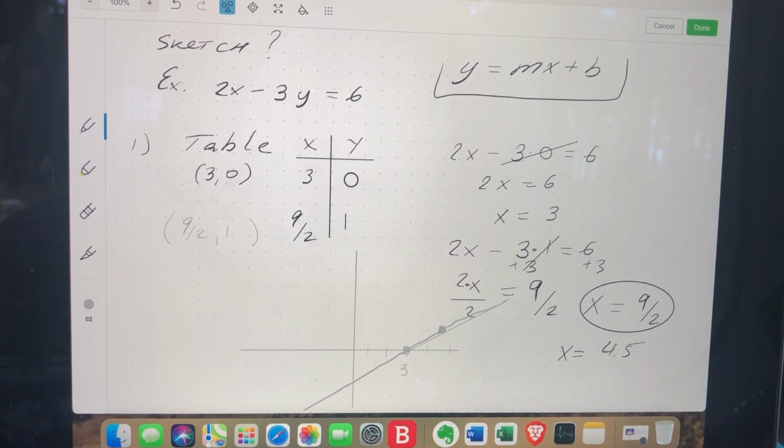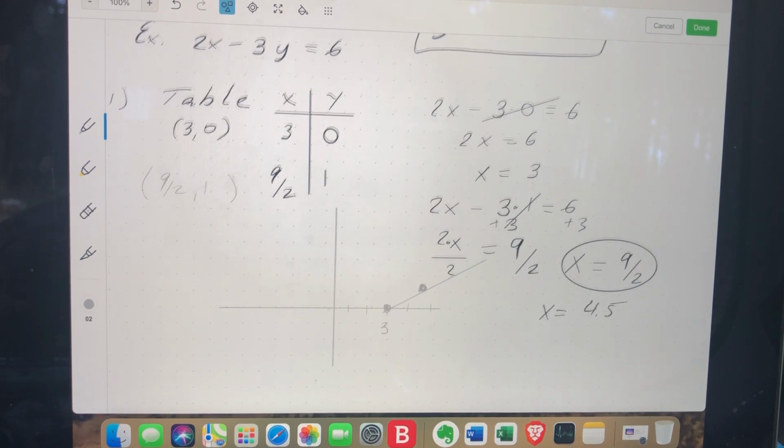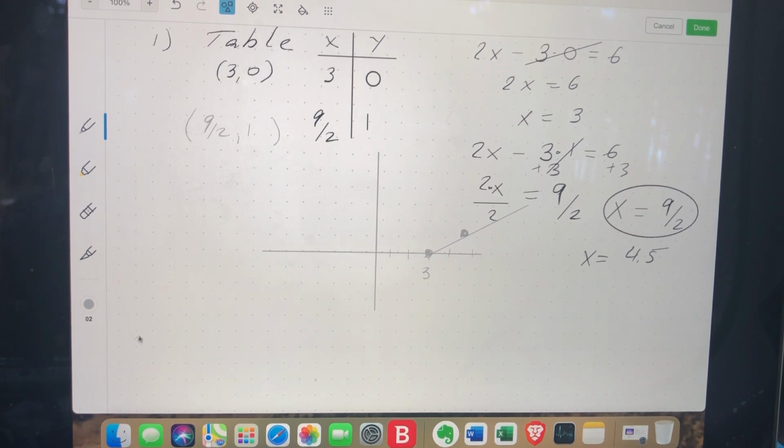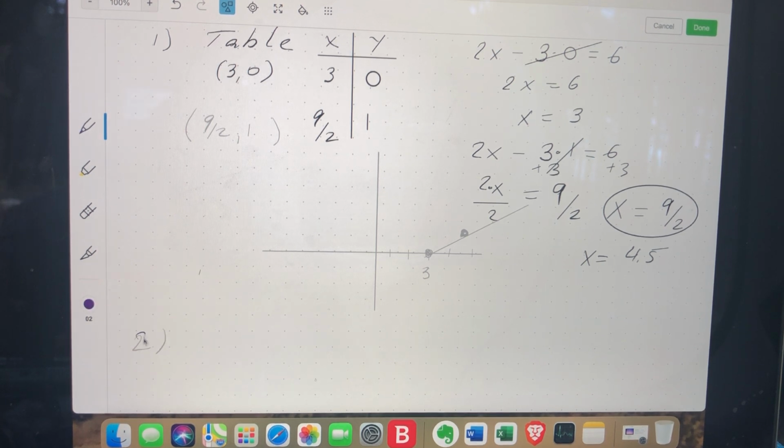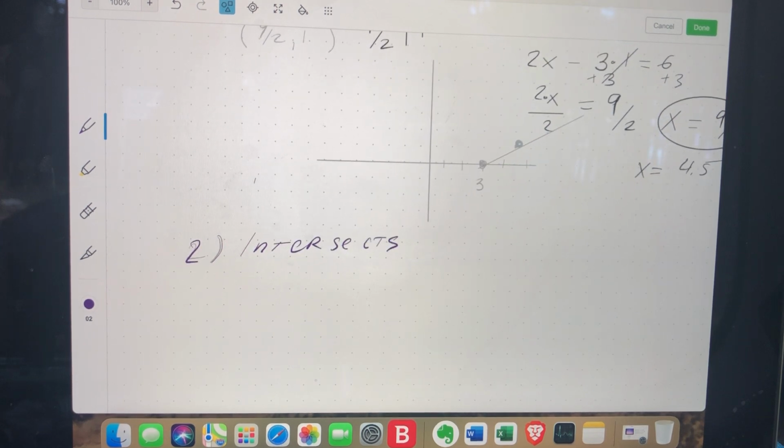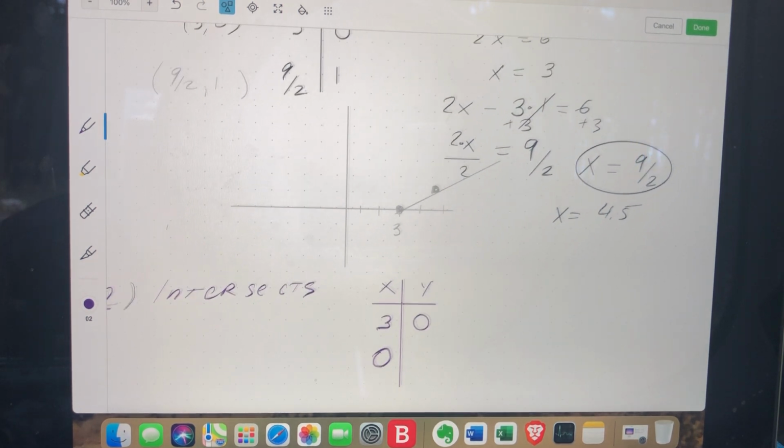The second approach is to use a very particular type of table called the intercepts. So when we use intercepts, that is a very particular table with 0 for the y, which makes x 3, we already found that out, and then 0 for the x, which we still need to figure out.